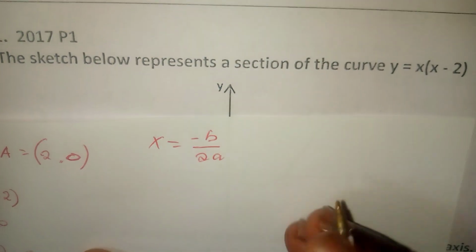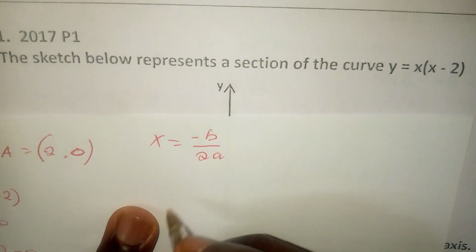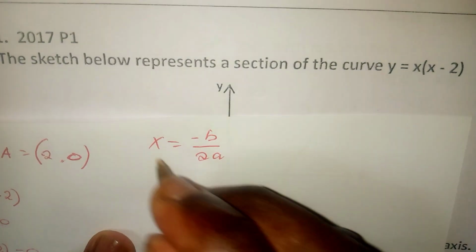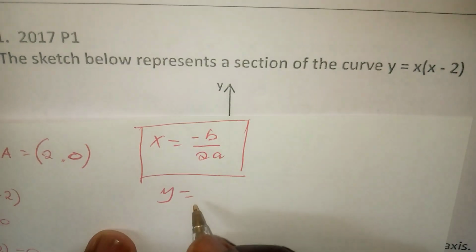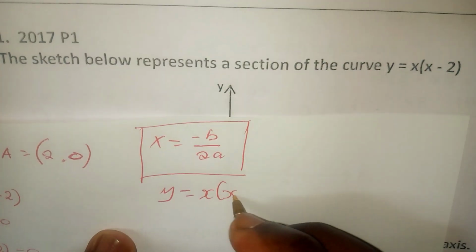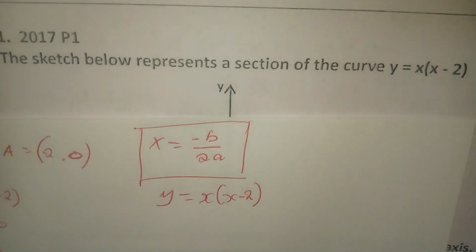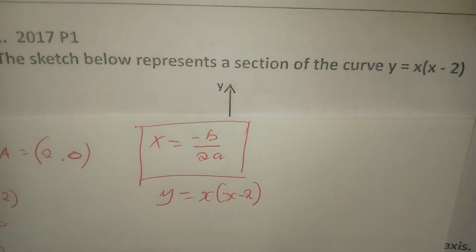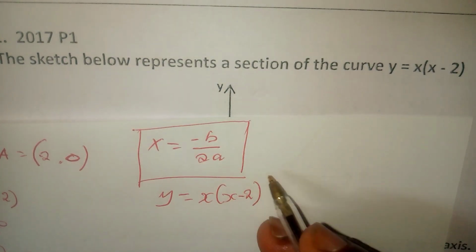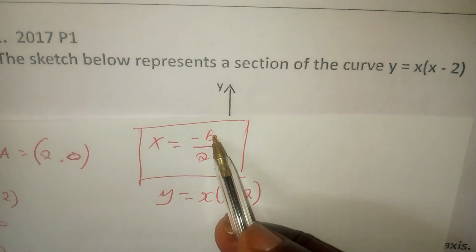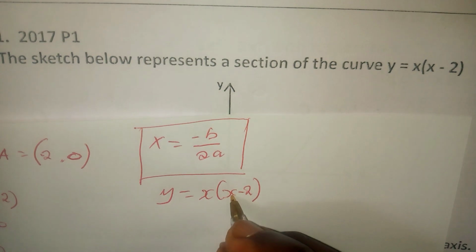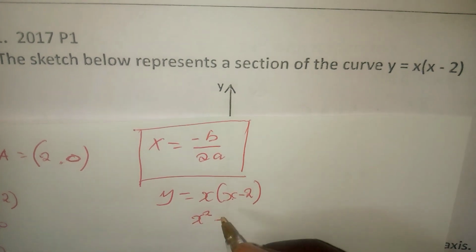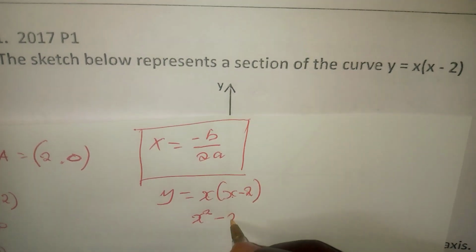With this formula, we're going to use the original equation, which is y equal to x, minus 2 in bracket, like that. So don't be confused. Let's expand this one for us to have the b and also a. So x multiplied by x is x squared, minus x multiplied by 2, which is 2x.